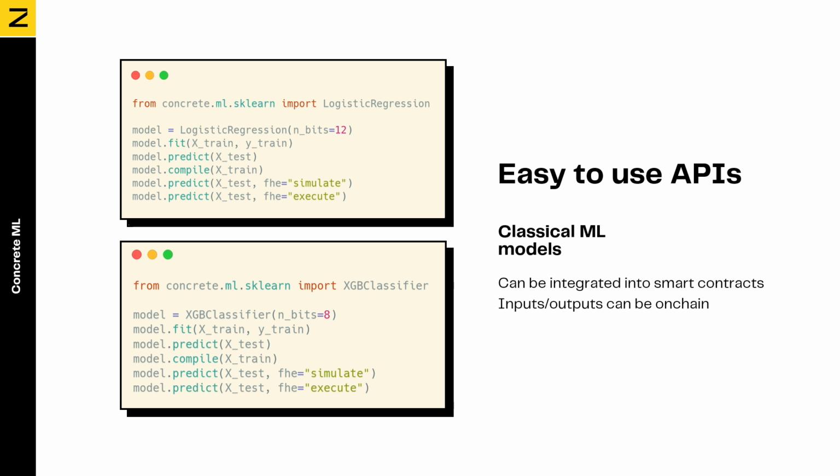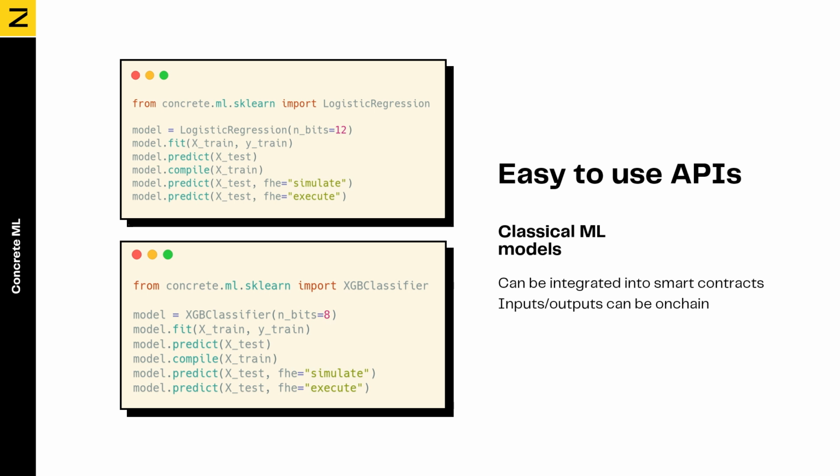Here, both the training, the prediction, and the conversion to an FHE program are done on the developer's machine. When you want to go to production, this predict call will change, because on the developer's machine, this predict call actually hides three stages: encryption, execution of the FHE program, and decryption.